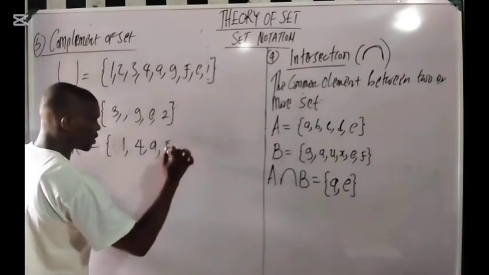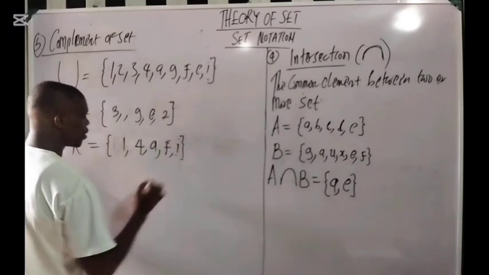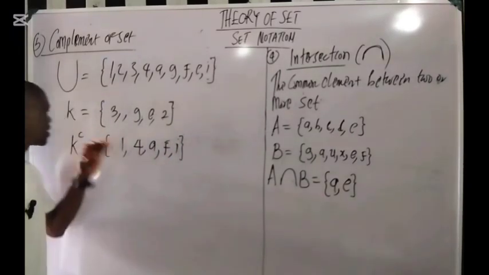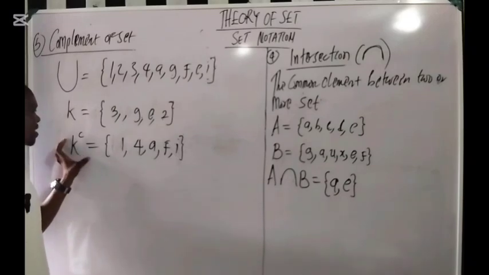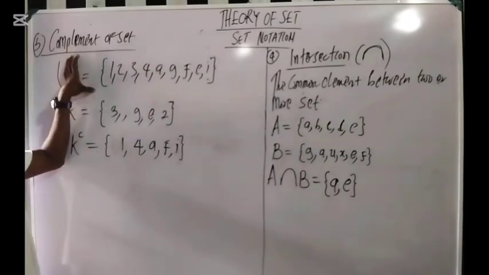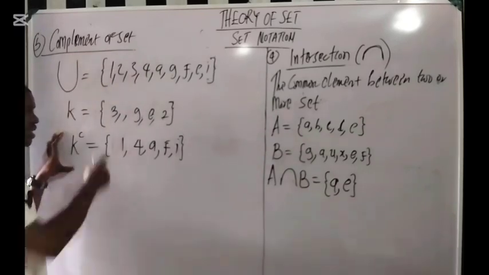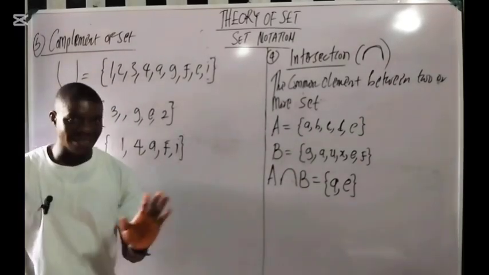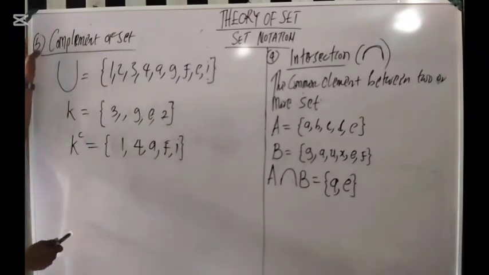So here we have I. Right? So you can see that this is the complement of this set, because the complement means all the members or elements in the universal set that are not here are called the complement of this set. As easy as that, right? So we are done with number 5.